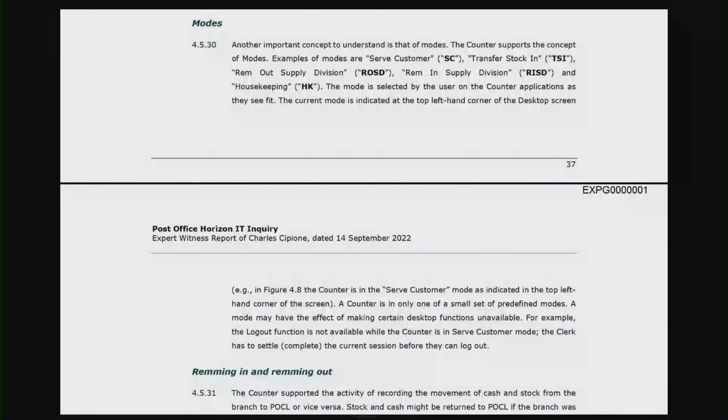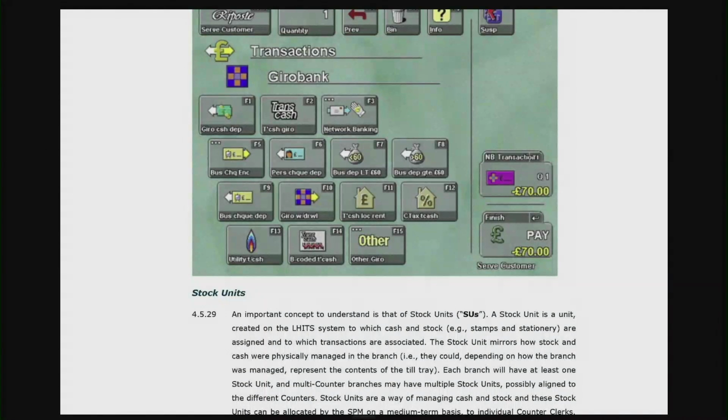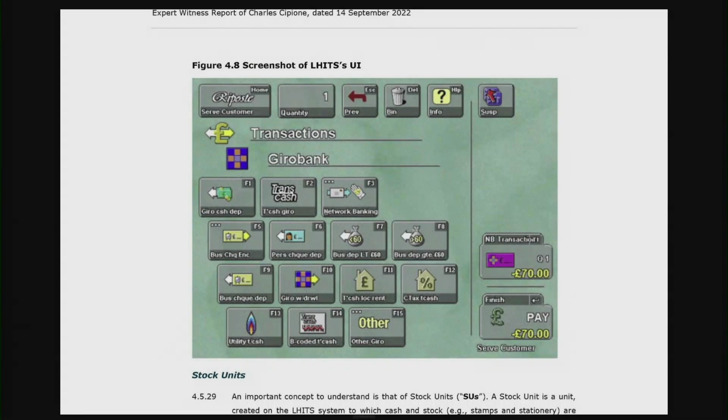Just stopping there, if we go back to the screenshot of the user interface at the top of the page, please. Can we just see there that as this user interface is displayed in this screenshot, it is in fact displayed in the mode of serve customer? That's correct. We can see that from the tile on the top left-hand side.